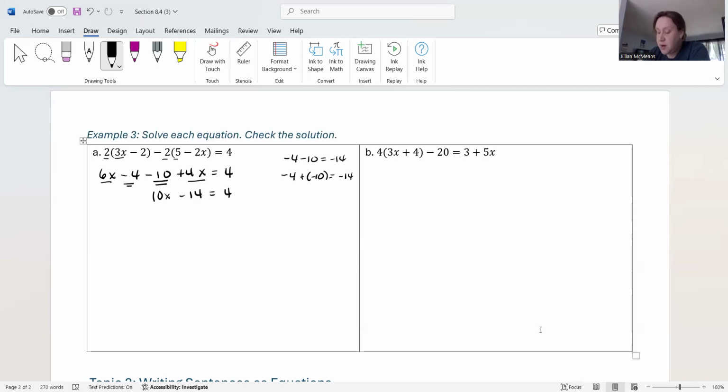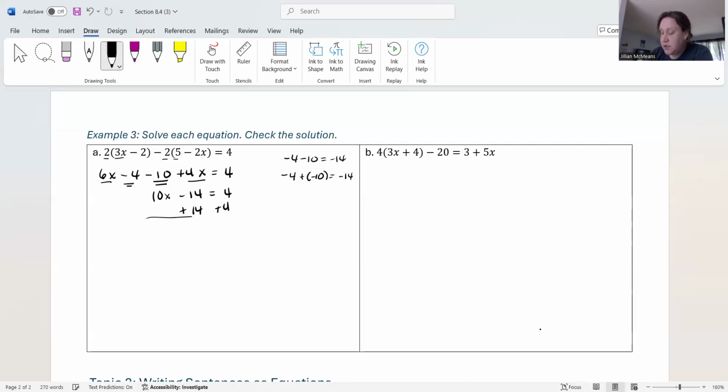Okay? So now we've got all of our variables already on the left. You can see there's one variable term and it happens to be on the left. So we're going to keep it where it's at. We're going to move the constants to the right. So what would I do to move minus 14? Well, remember, this is a game of just undoing. Okay, so what has happened to the variable? It's been multiplied by 10, then we subtracted 14. How do we undo subtraction of 14? We add.